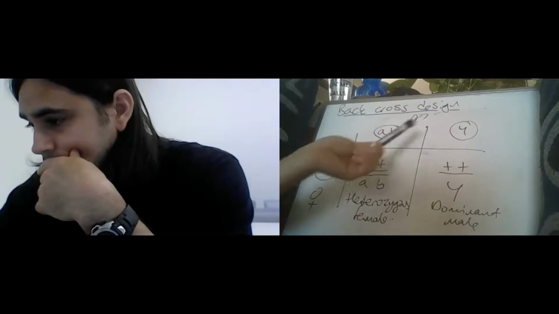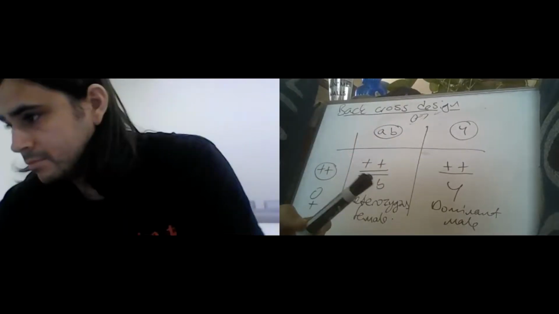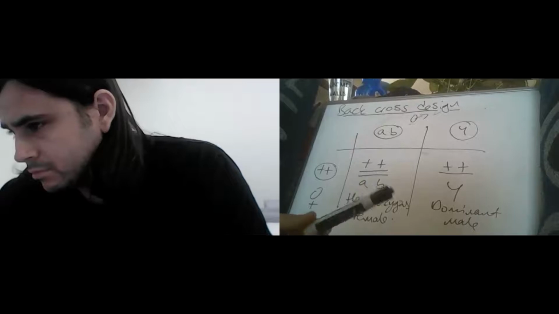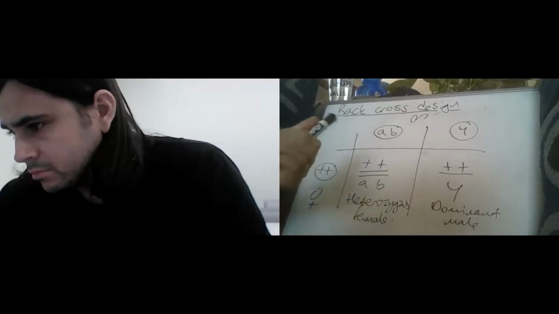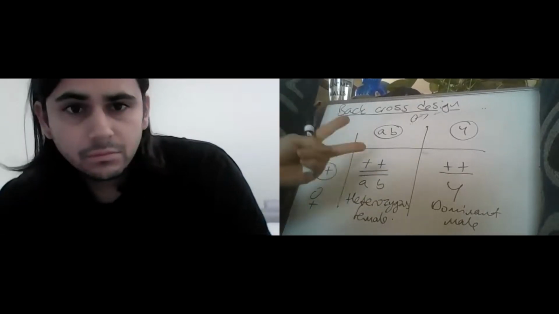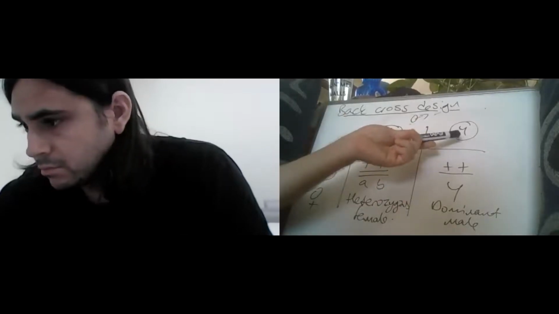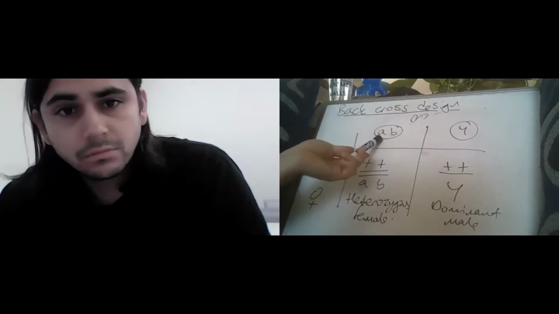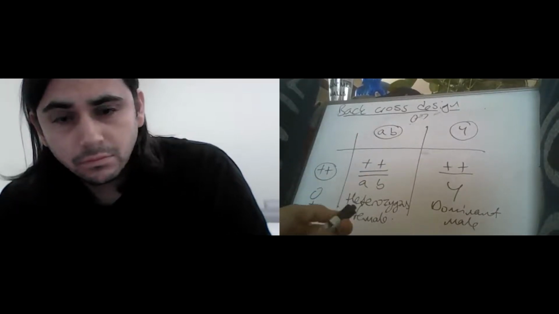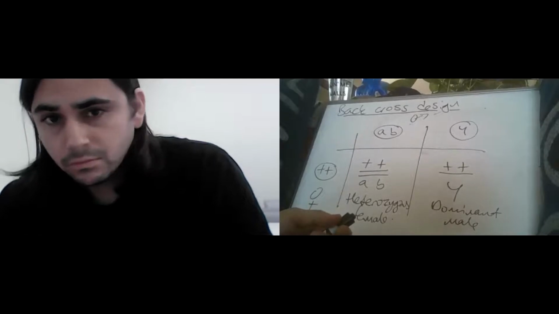So it has a recessive allele for each gene and a Y chromosome. So it can produce two possible gametes, one with a Y chromosome and the other with an X chromosome with recessive alleles for both A and B.